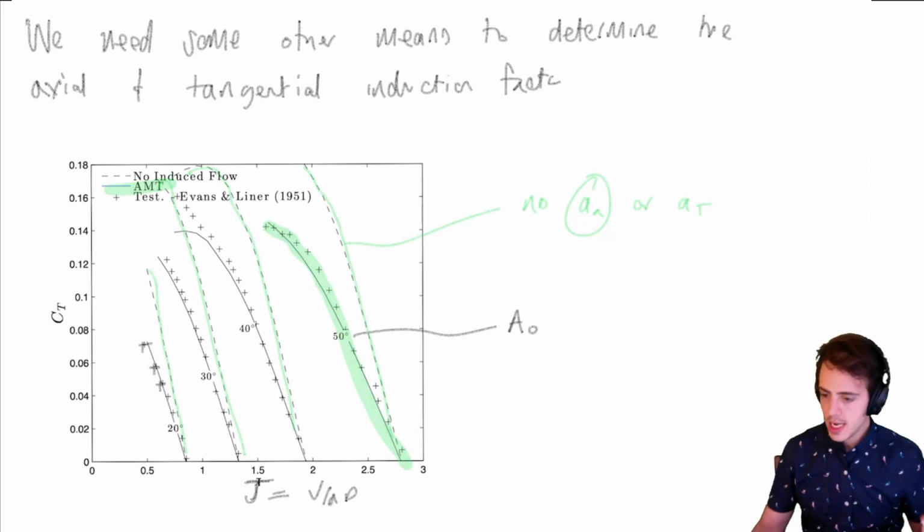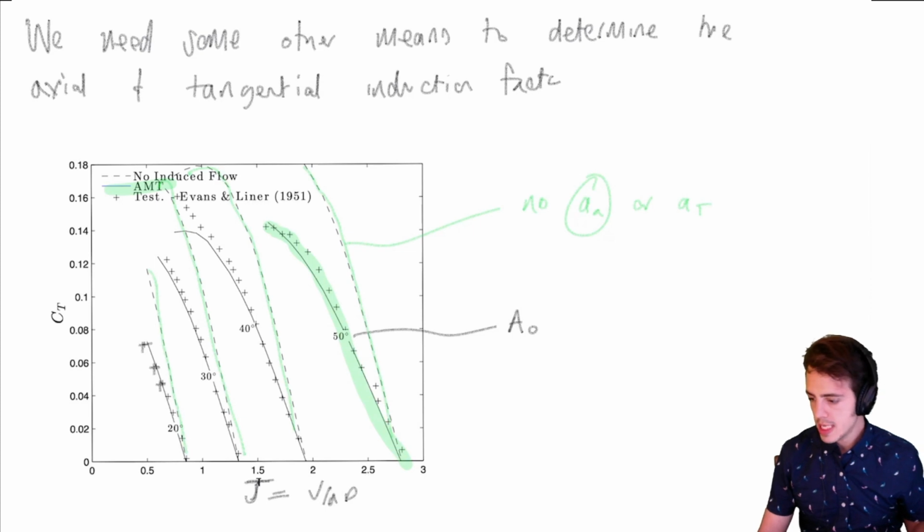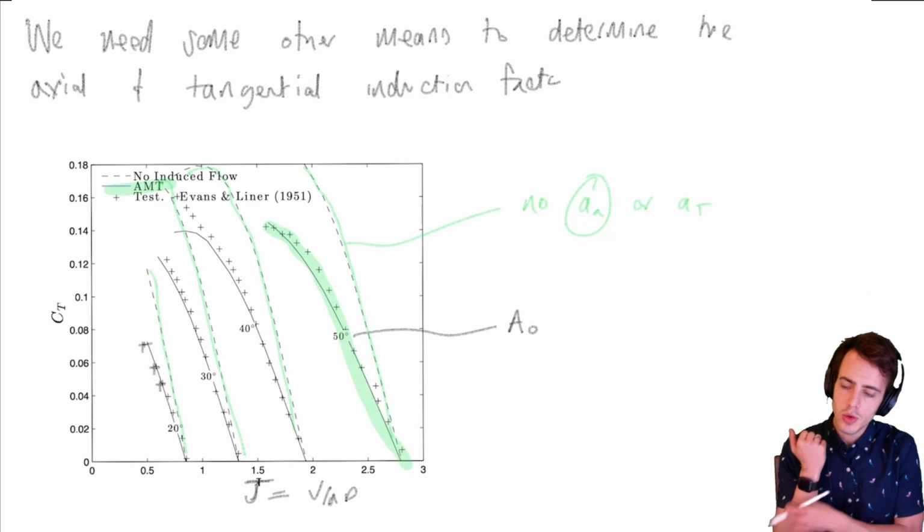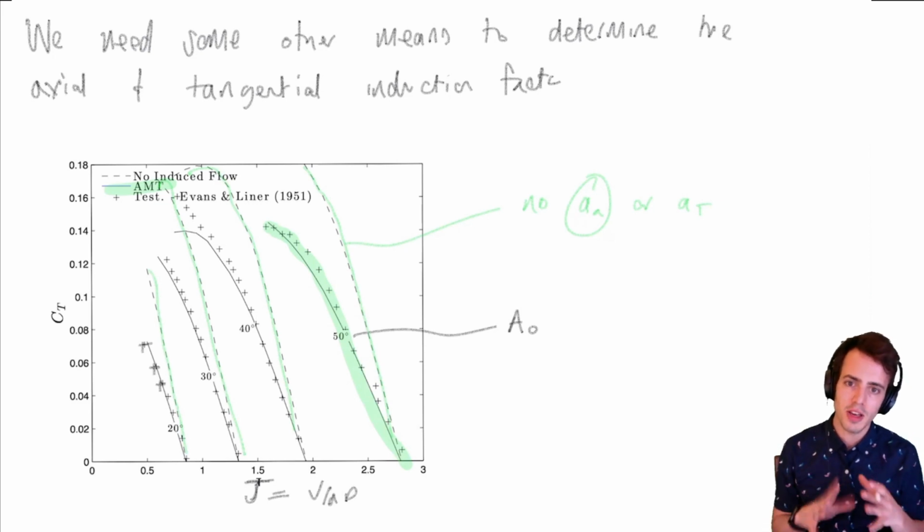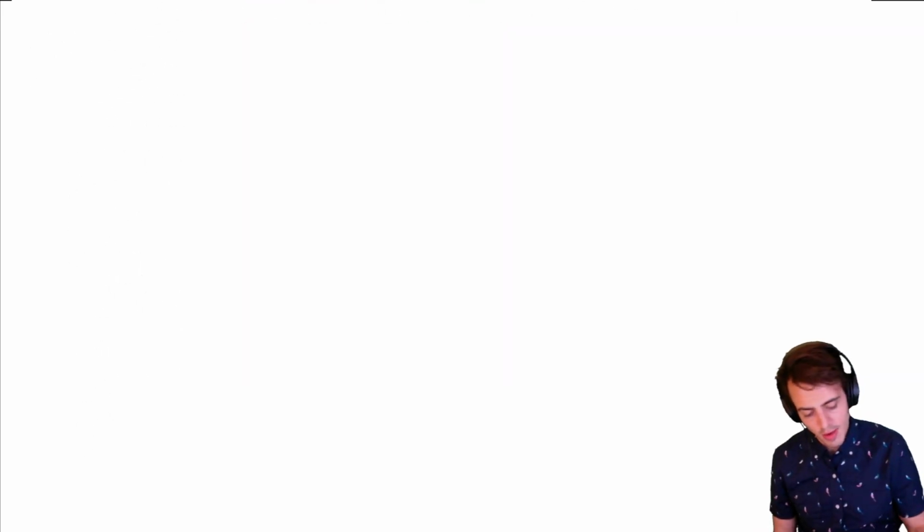So we need some means to determine these. Let me just bring up my notes that I'm following. We're going to get the axial and the tangential induction factors from general momentum theory.